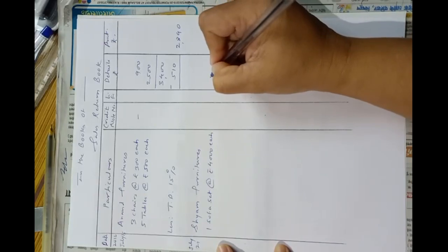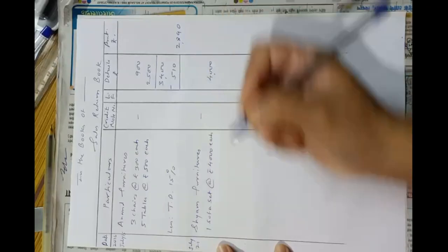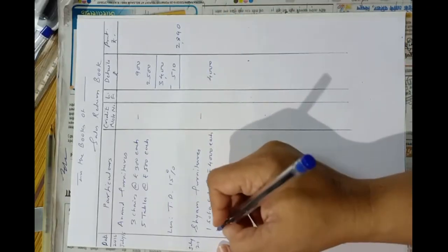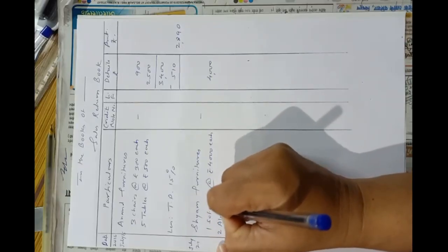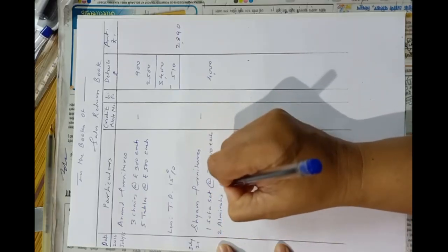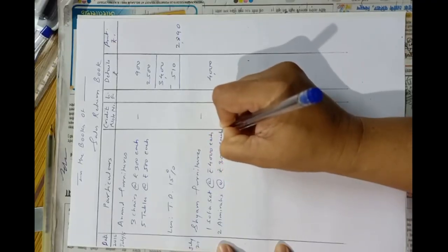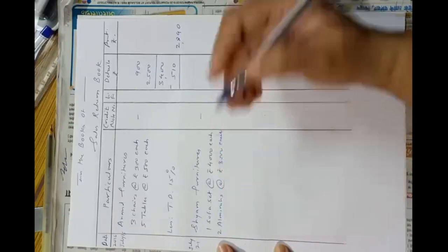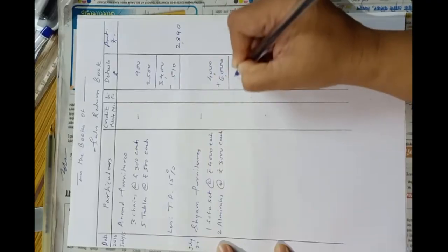So it is 4000. Credit note number is not given. 2 almiras at rupees 3000 each. So 3000 into 2, it is 6000. So total amount is 10,000.